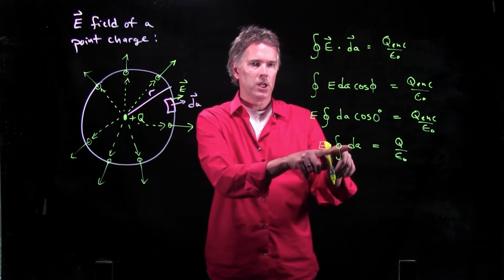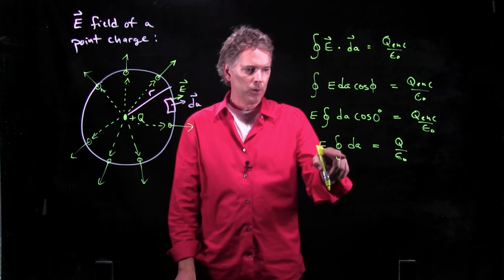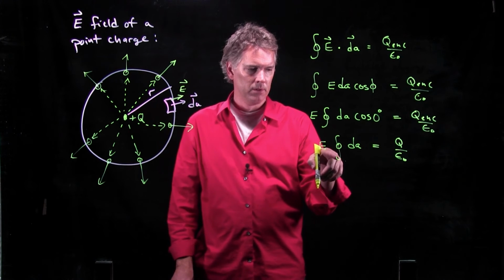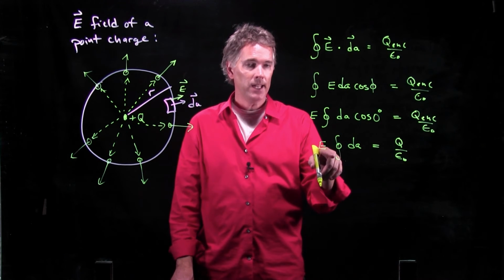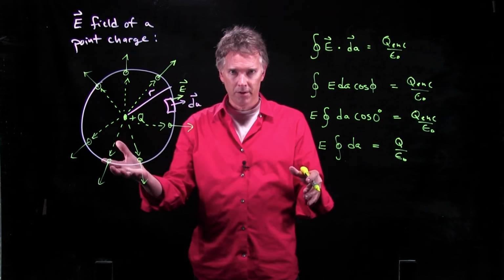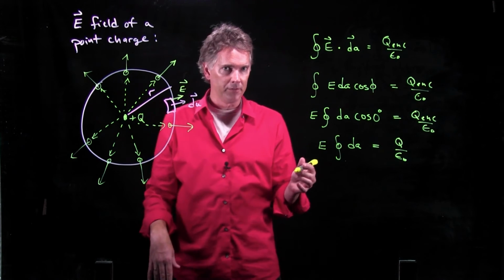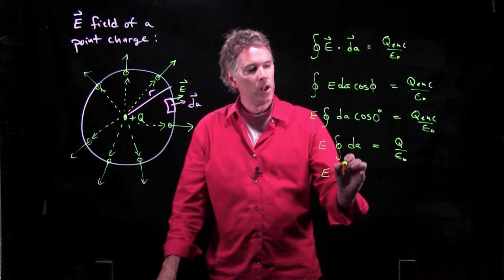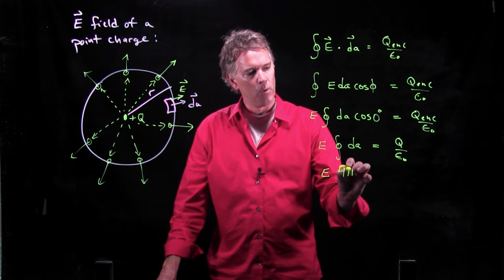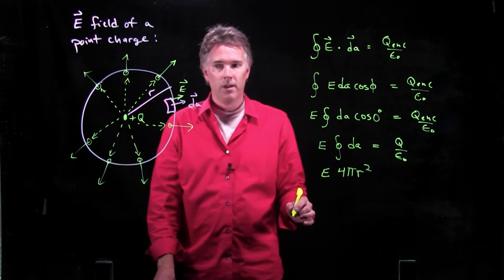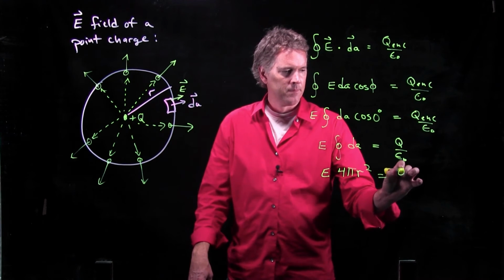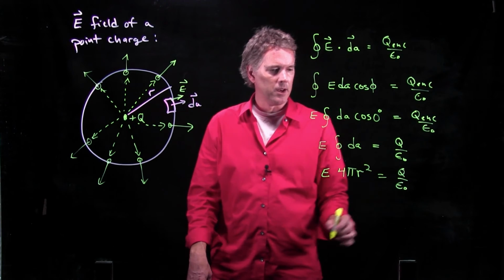And now look at this right here. Integral of dA, closed surface integral. What does that mean? That is the surface area of the sphere, right? Pretty cool, because that whole thing just becomes 4 pi r squared. That's the surface area of a sphere. Equals q over epsilon naught.